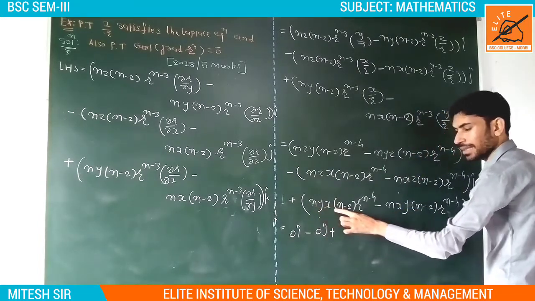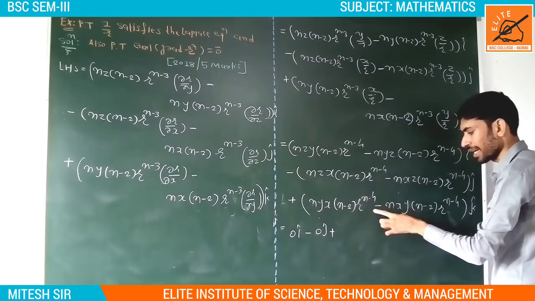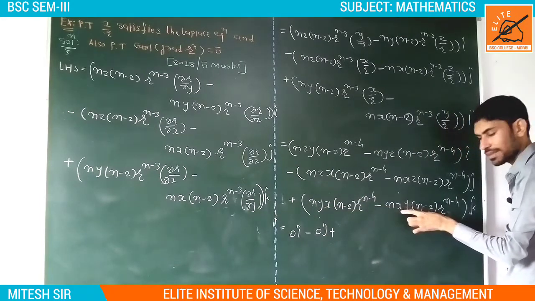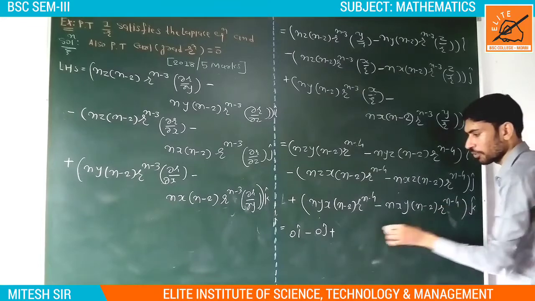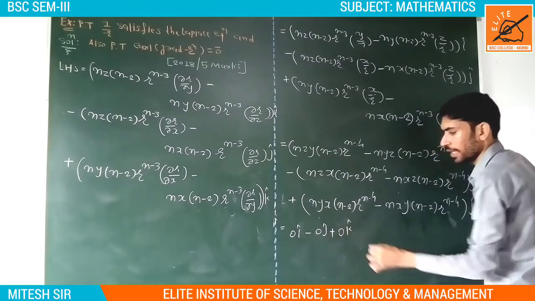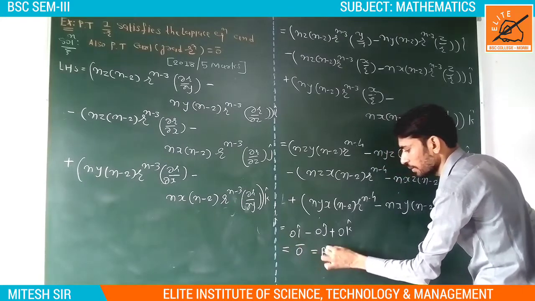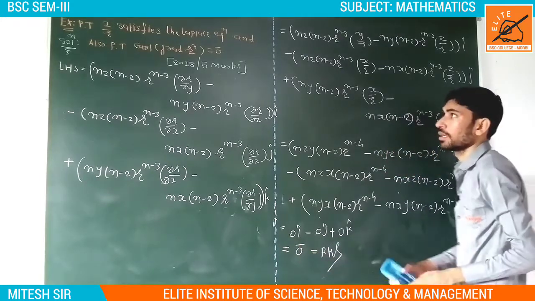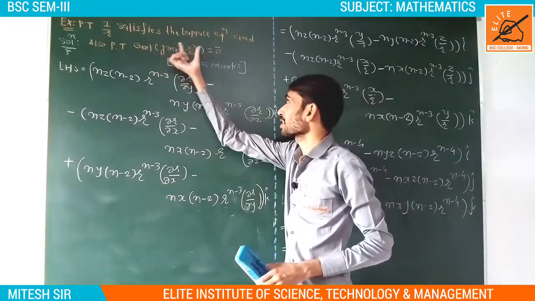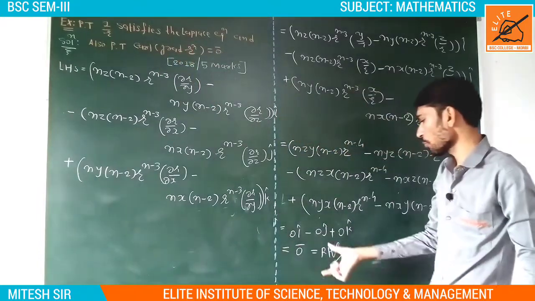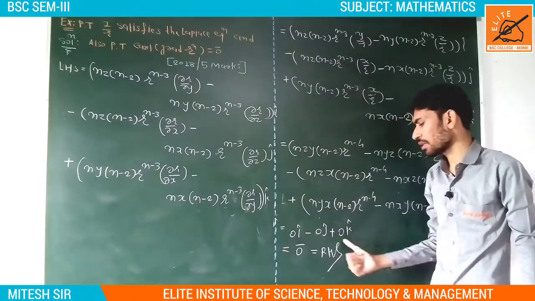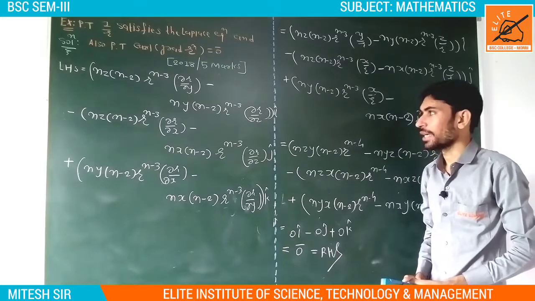Plus nyx (n-2) r raised to n minus 4 minus nxy (n-2) r raised to n minus 4, so again it is 0 k cap. So there is nothing but the 0 vector, and there is nothing but the RHS. To prove curl of gradient r raised to n is equal to 0 vector, so here we proved it is equal to 0 vector and this is nothing but our RHS side.